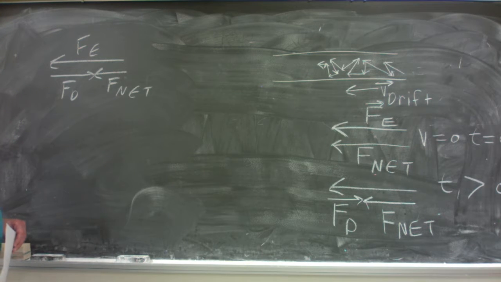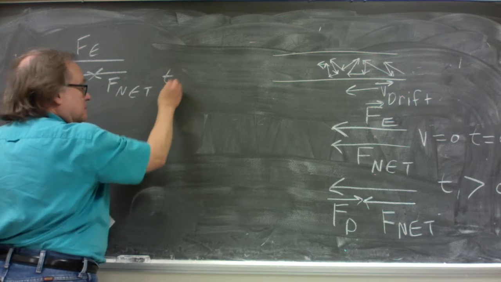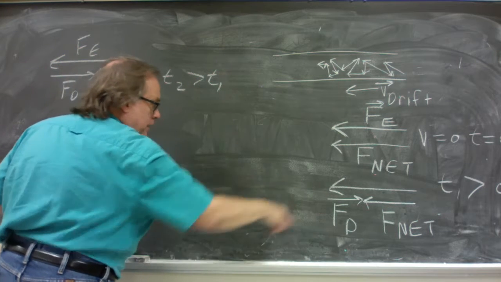But again, as long as there's acceleration, the electrons will speed up, and as long as they speed up, drag force increases. So this is at some time later than time 1.